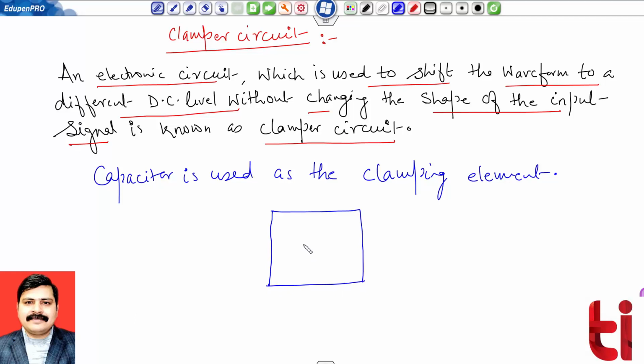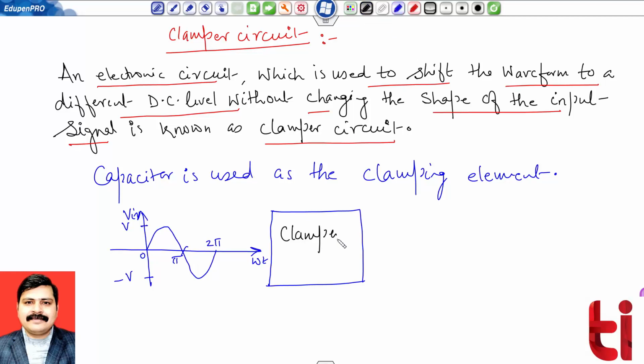So I'm representing with a block diagram. Suppose this is my input signal V in, where plus V and minus V are the peak values, at pi and 2 pi, and this is my clamper circuit. Then there are two possibilities.